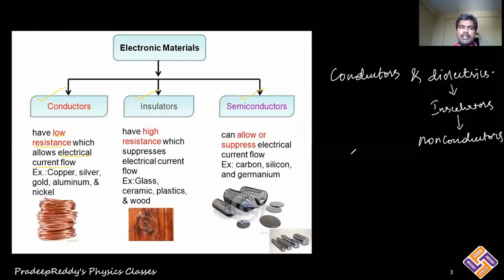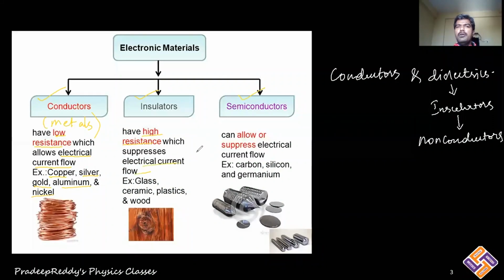Examples of conductors are copper, silver, gold, aluminum, and nickel. These all offer very little resistance and they have high conductivity. All these come under metals, so conductors are purely metals. Coming to insulators, insulators have high resistance which suppresses electric current flow.